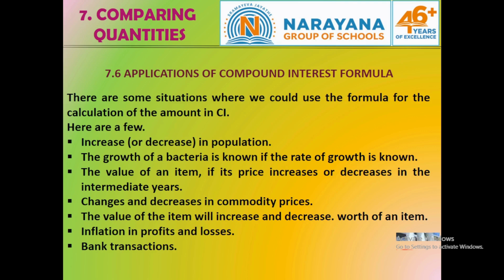The value of an item if its price increases or decreases in the intermediate years. Changes in commodity prices. The value of the item will increase and decrease. Worth of an item. Inflation in profits or losses. Bank transactions. All these are the applications of compound interest.